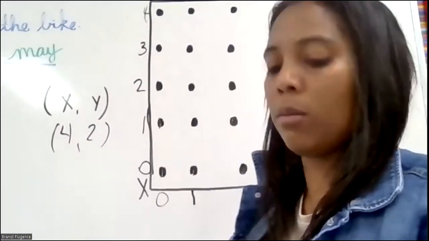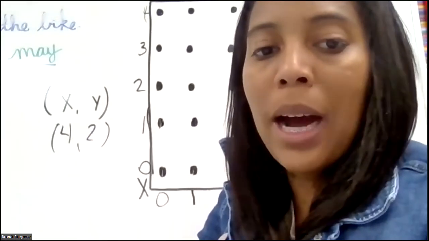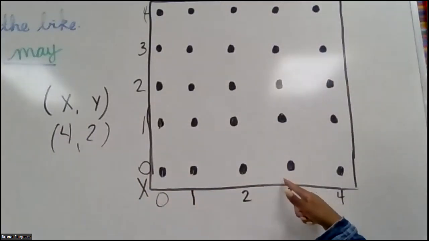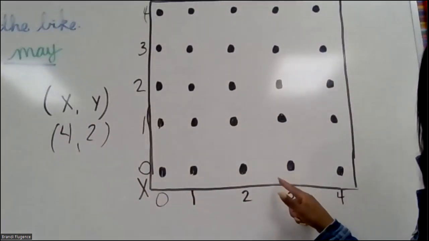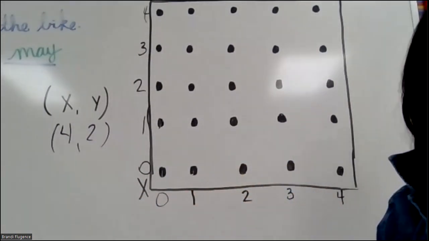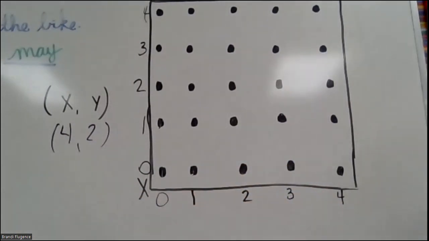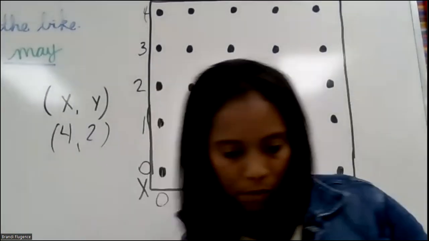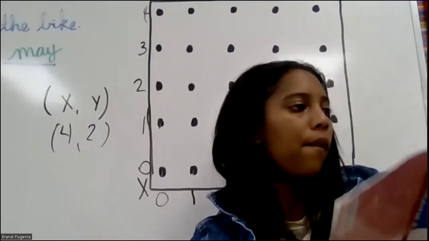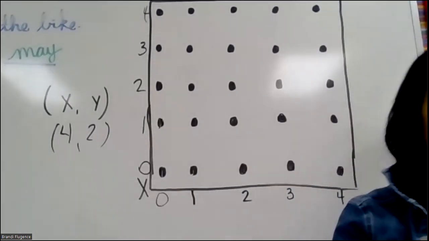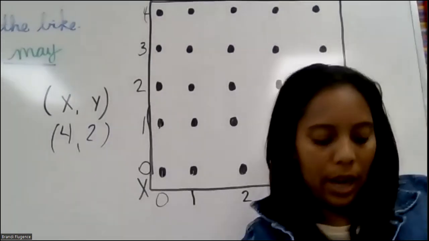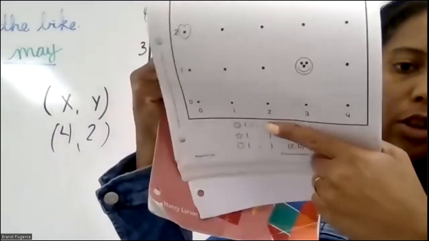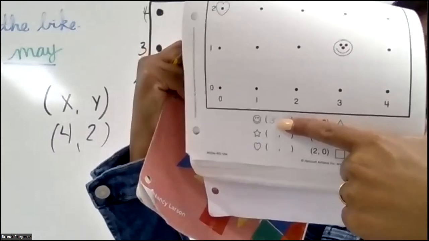Let's look at it from the bottom. So X, looking at it from the bottom, what number row is the smiley face in? It's in 3, so put a 3 down here at the bottom, to show that the X of the smiley face is 3.